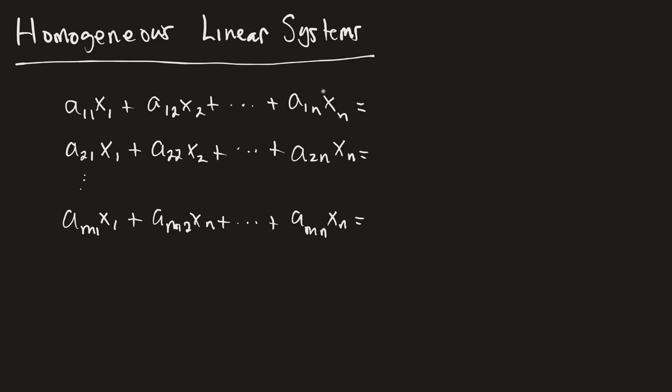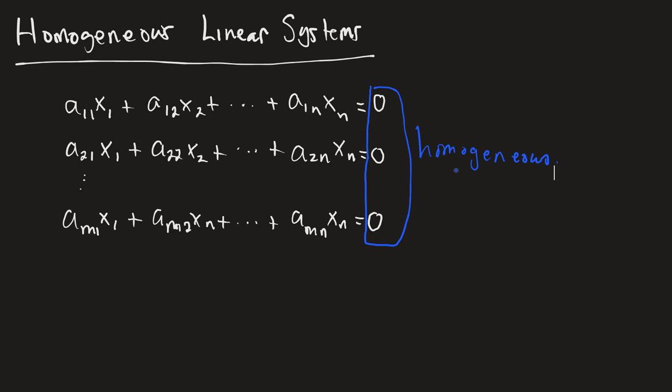Now, in a homogeneous linear system, all the b's have to be 0, and that's what makes the system homogeneous. So the left-hand side looks exactly the same as we've done several times now.